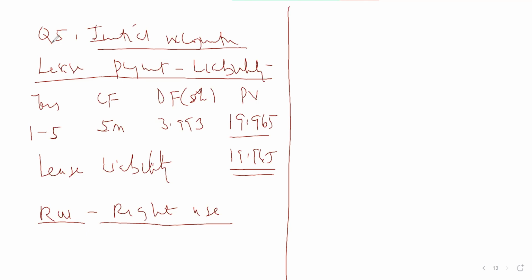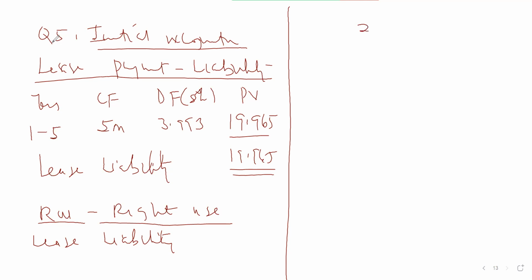So for the right of use, the first figure will be the lease liability. But if the rentals are paid in advance, then we look at the lease liability and add the advance payment to it. This is the amount that we are currently owing the company, but out of this, we have already paid some amount.